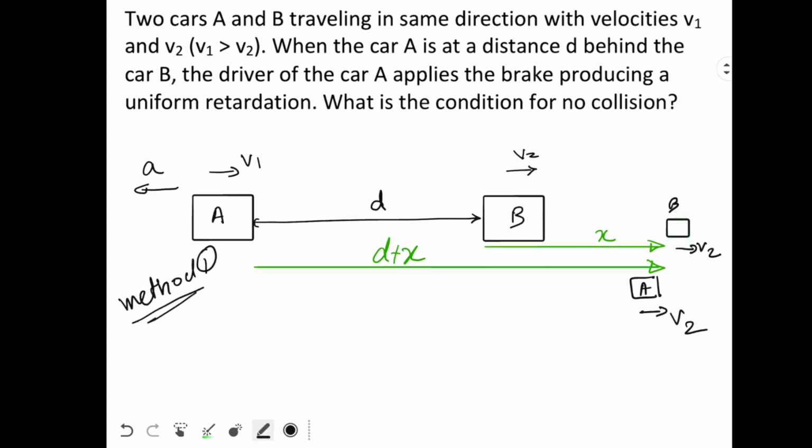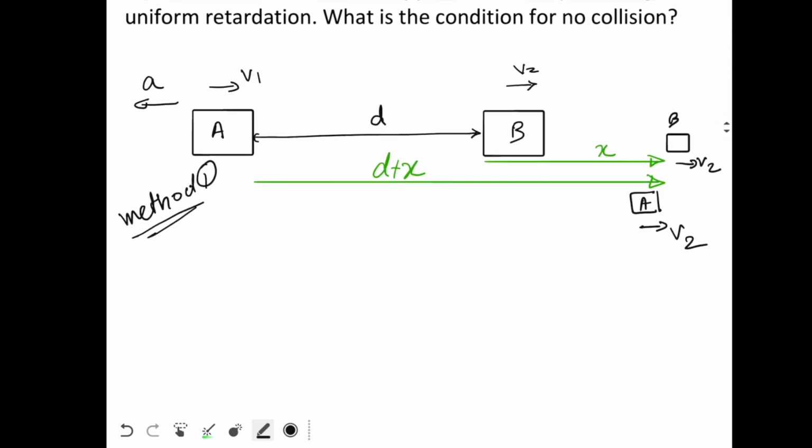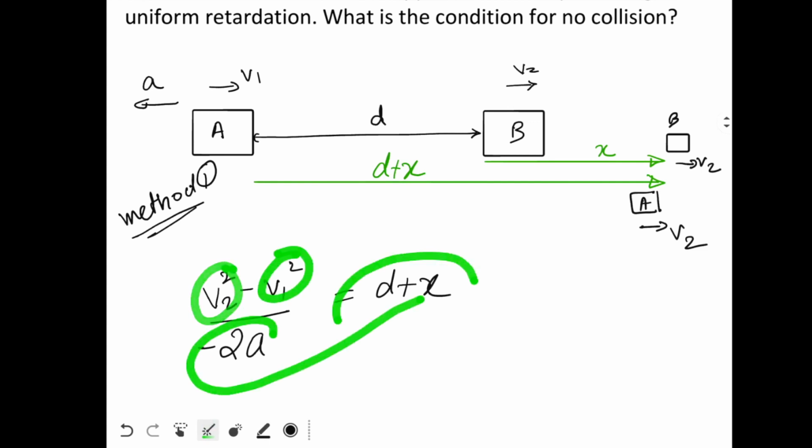We are solving with respect to ground. So you could write the equations. How would you write the equation? For car A, final velocity squared minus initial velocity squared, that is v2 square minus v1 square, divided by 2a, with a negative, is equal to d plus x. Correct. v square minus u square equals 2as, and the acceleration of car A is negative, so minus a over here.